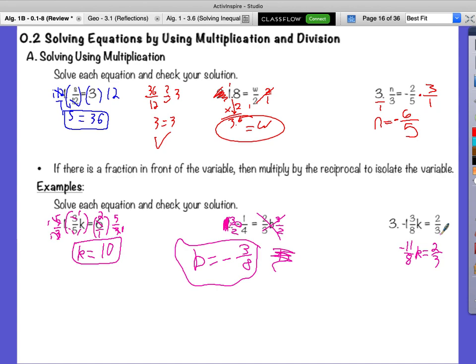So that would be k. You multiply this side by 8 over 11. What do you multiply this side by? Same thing. The negative over 11, that's right. Very good.